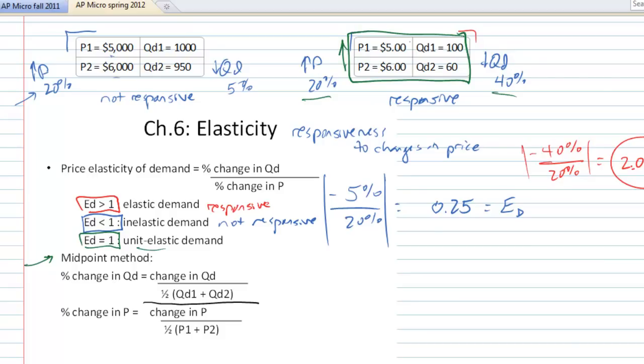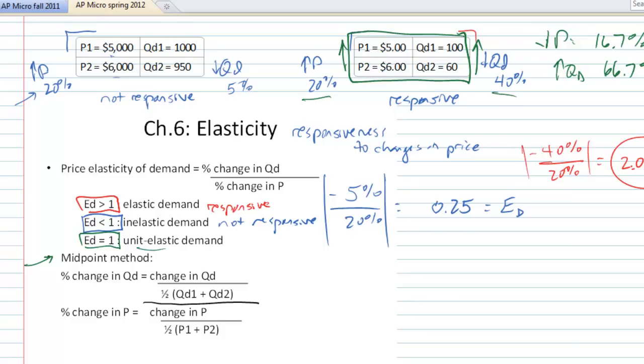What if we went from a decrease of price from $6 to $5? Well, decrease from $6 to $5 is no longer a 20% decrease. That's a decrease in price of 16.7%. And if we're increasing quantity demanded from 60 to 100, that's an increase in quantity demanded of 66.7%.